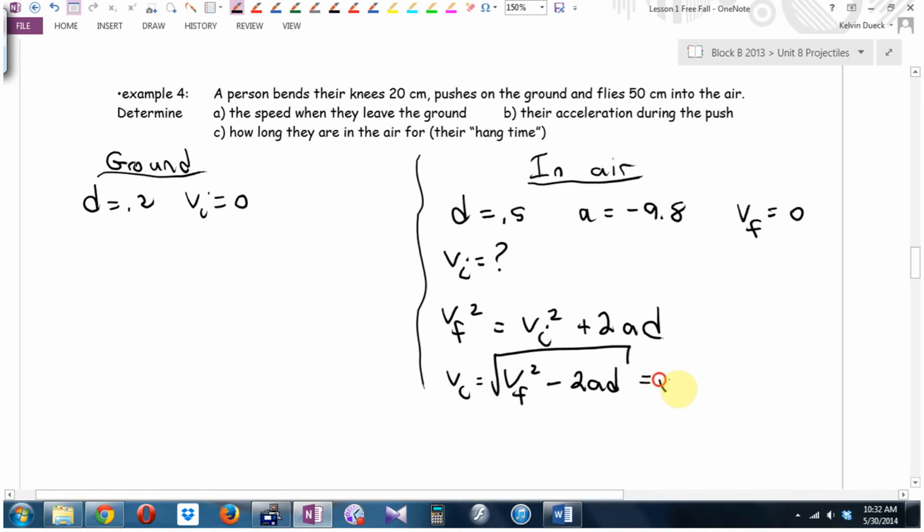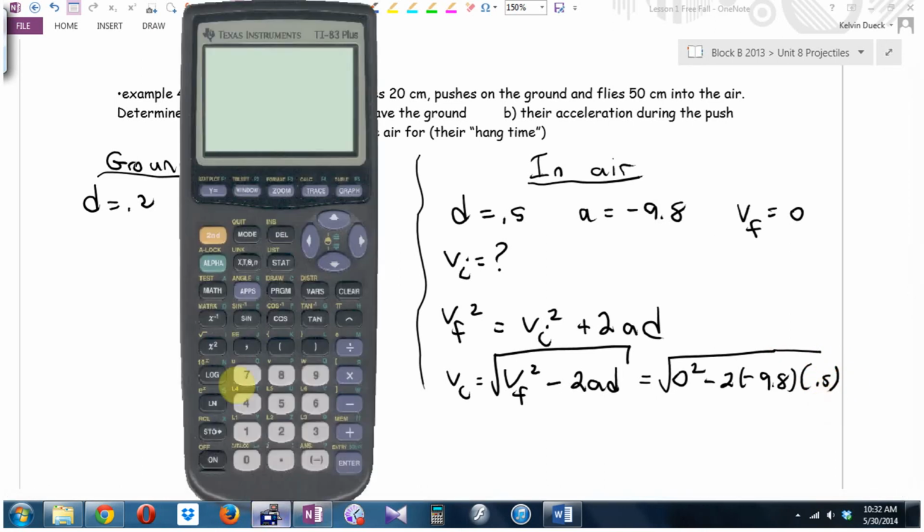which is going to be 0 squared minus 2 times negative 9.8 times 0.5. 0 squared, I guess I could have just ignored that. I think the 2 and the 0.5 will cancel. Square root of 9.8. 3.13.